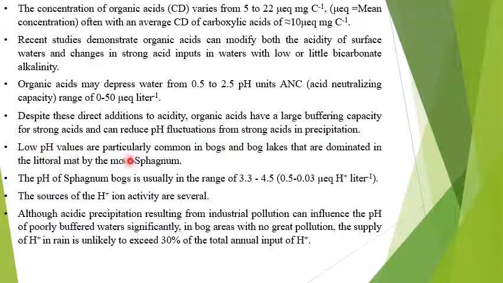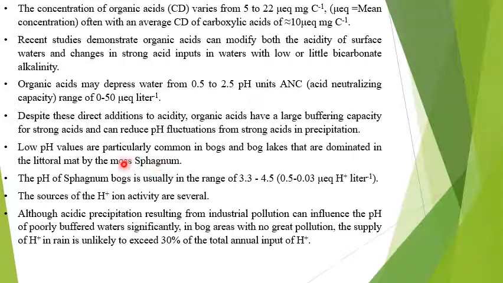Low pH values are particularly common in bogs, where water is standing and there is no outflow or incoming of water in the water body. So a bog will always have low pH, it means acid. Bog lakes are dominated in the littoral zone, the zone where rooted vegetation grows, by the moss sphagnum.